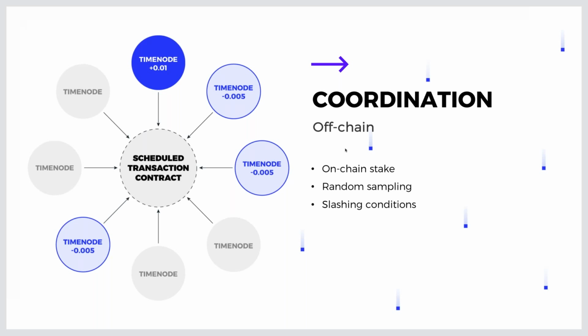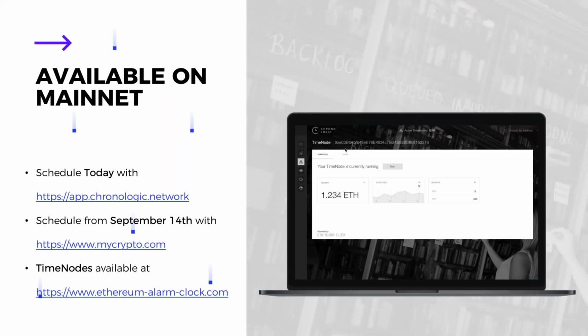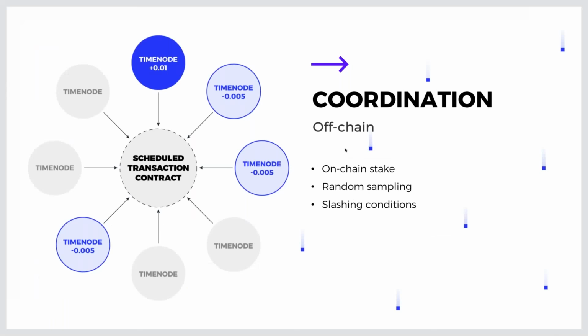We were thinking about on-chain staking with random sampling to pick who is going to execute those transactions. One of the problems, as a specific case for scheduling, is that you want to take this coordination game very close to the execution, not time ahead, because you don't really know when the thing is going to happen.